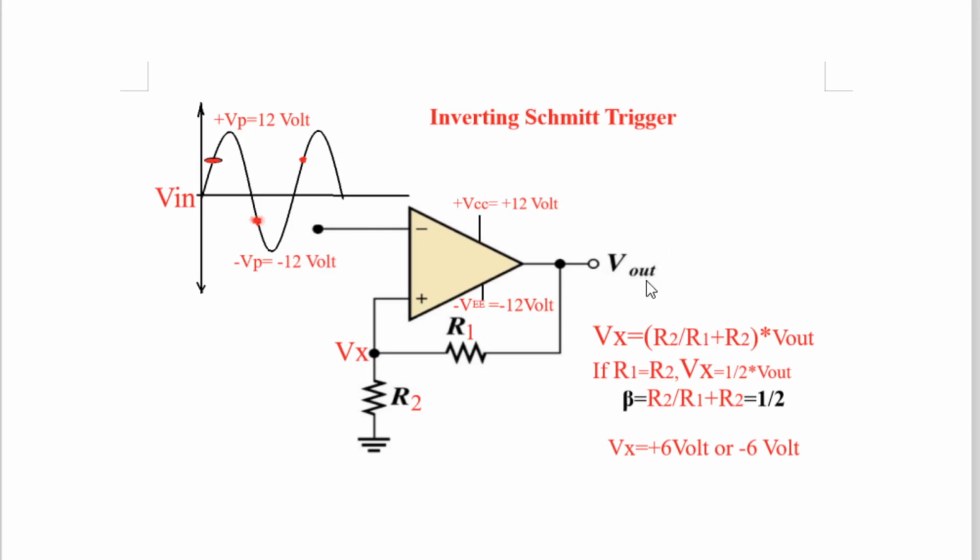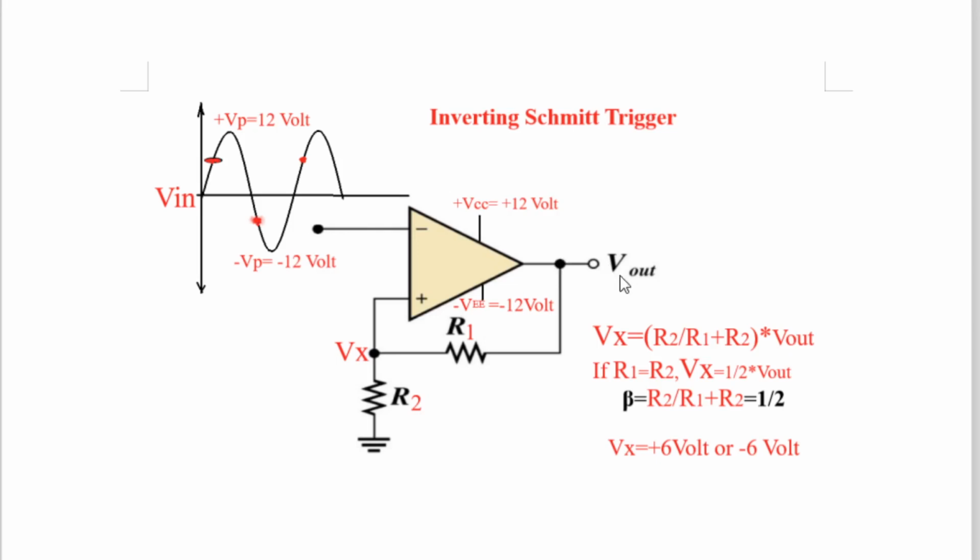Or if the output of the op amp is in LVL, low voltage level, that is equal to minus VEE, which is also called minus Vsat, then this Vx is going to remain at minus 6 volt. So in this way, the voltage at point X depends on the magnitude of the output voltage of the op amp. If the output voltage is in HVL, this Vx is plus 6 volt.